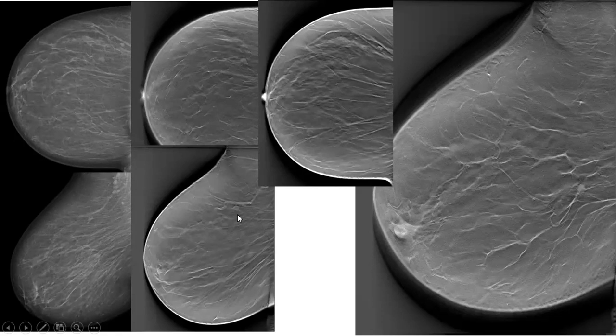And on tomosynthesis, the lesions, this one, proven to be a typical intramammary lymph node, demonstrates the fatty hilum, as seen here. While that one was not well appreciated, it is very much appreciable on tomosynthesis as a small spiculated mass.